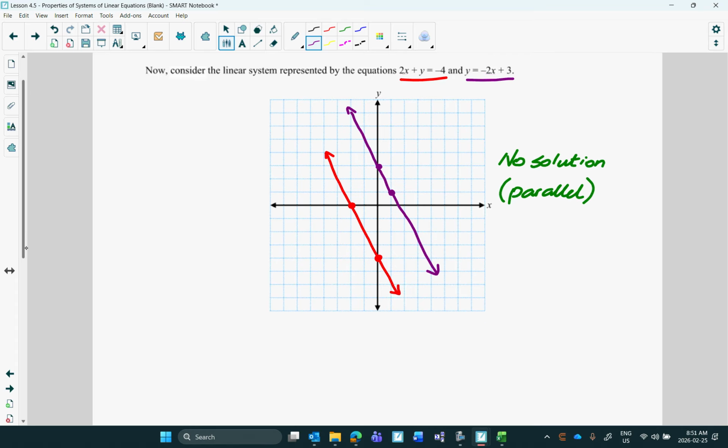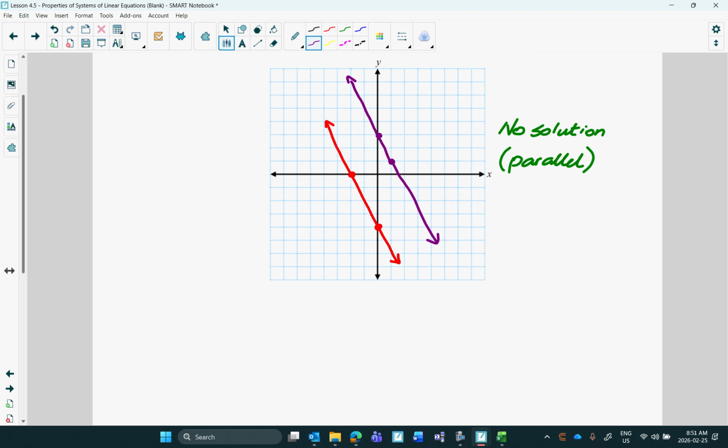What can you tell me about the slopes of these two? The slopes are the same, right? They're equal to each other. But the y-intercepts are different, aren't they?